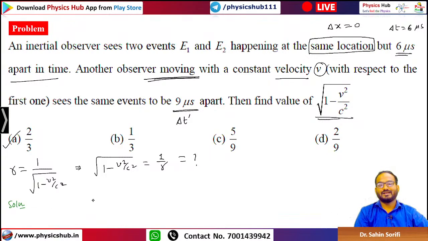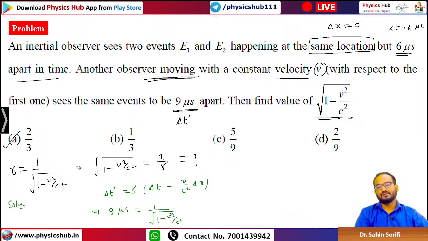So delta t prime is equal to how much? Gamma times delta t minus v by c square delta x. Delta x is 0. So this is your 9 microseconds. Gamma is 1 upon root over 1 minus v square by c square times delta t.